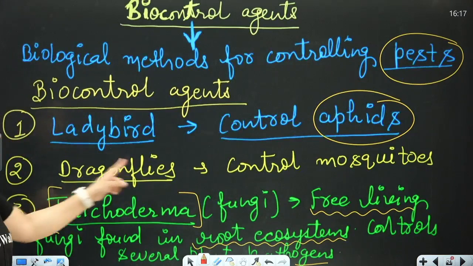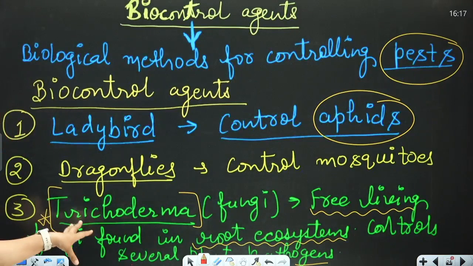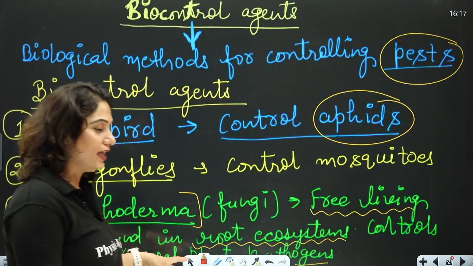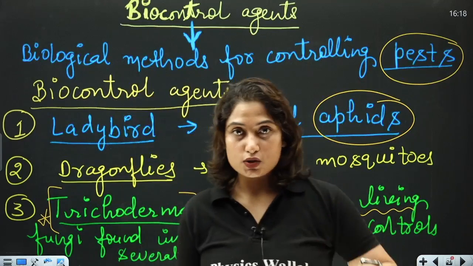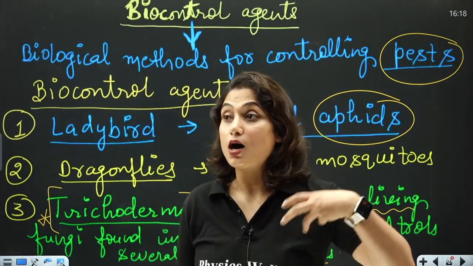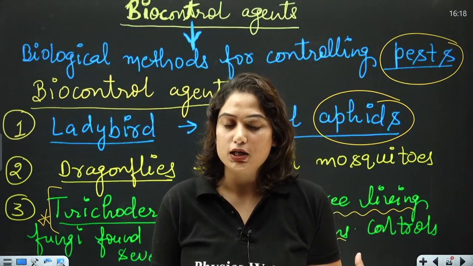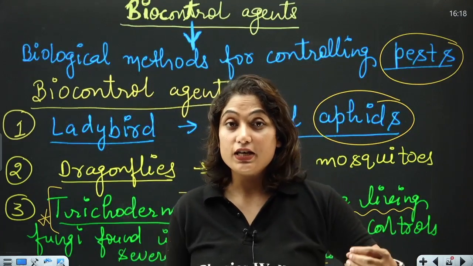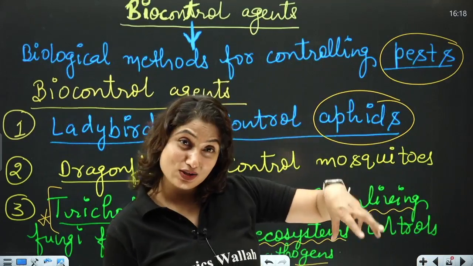Then comes Trichoderma. This is very, very important. Trichoderma is a fungus which is found in soil, right? In free living condition. That means it is not in symbiotic association with any organism. It is found in free living conditions in the soil.